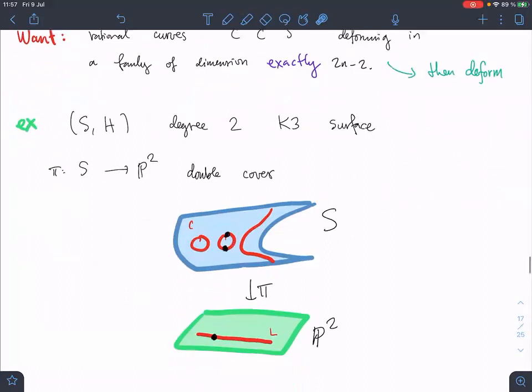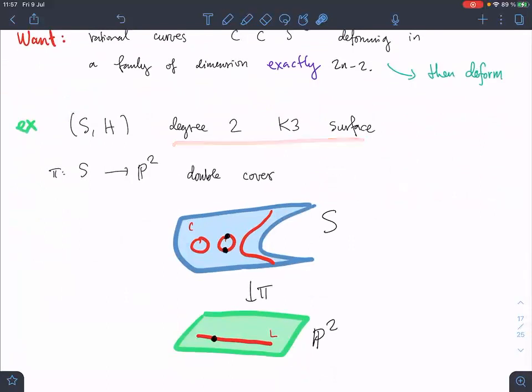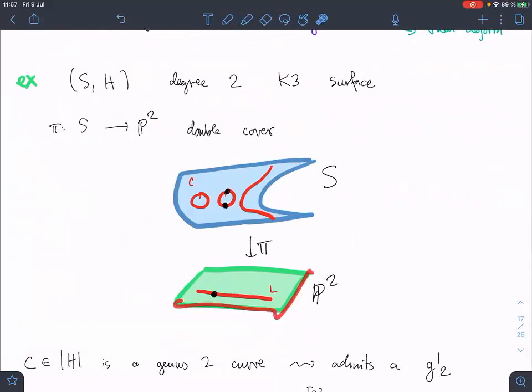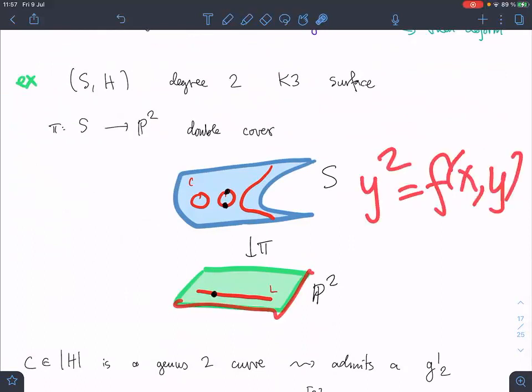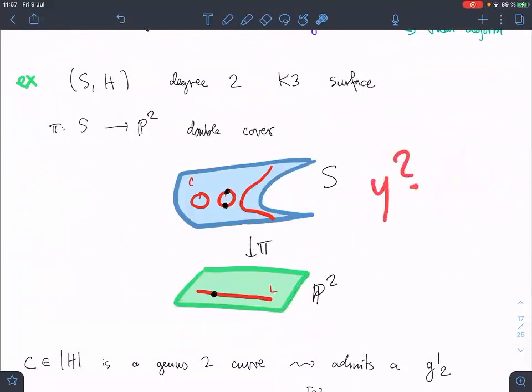So let's take a degree 2 K3 surface, and any degree 2 K3 surface is just a double cover of P2. So it sort of looks like you take P2 and you have some equation like this. Basically, this is a K3 surface which is fibered in genus 2 curves.